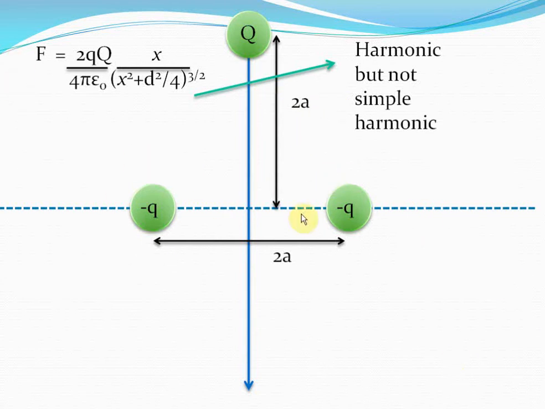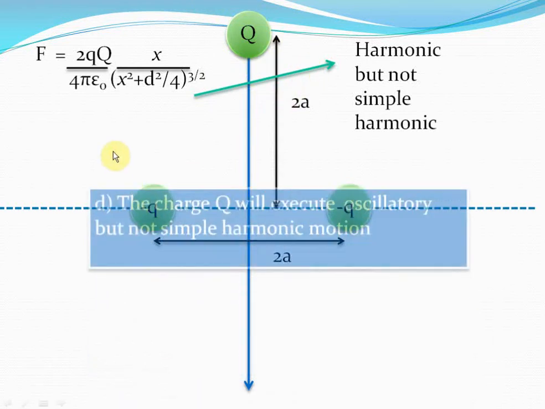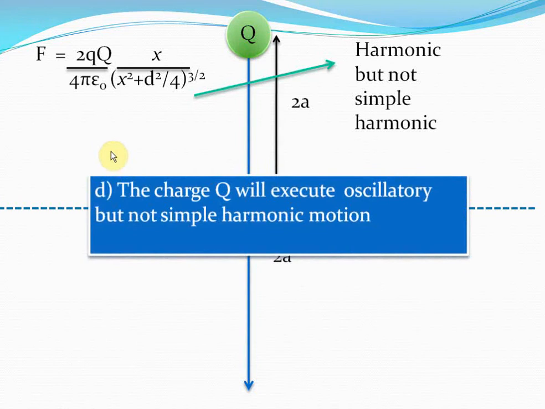So clearly it's not negligible at all. So the final motion of this charge Q will be oscillatory but not simple harmonic. Therefore the correct answer is D. The charge Q will execute oscillatory but not simple harmonic motion. Understood?